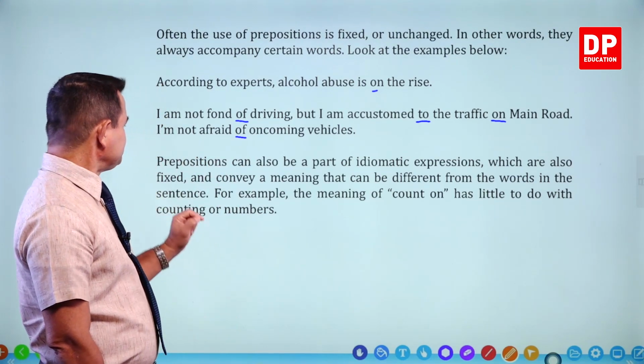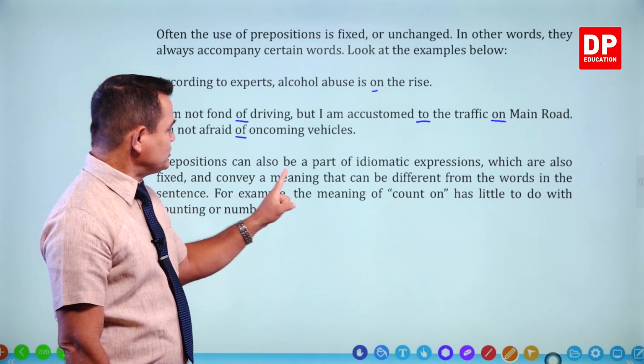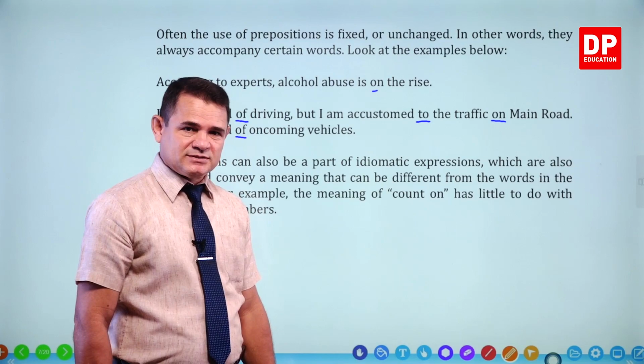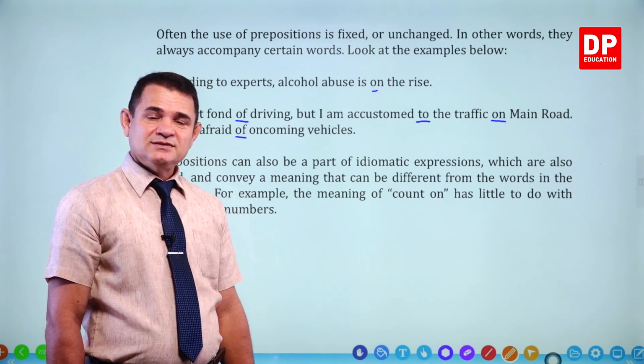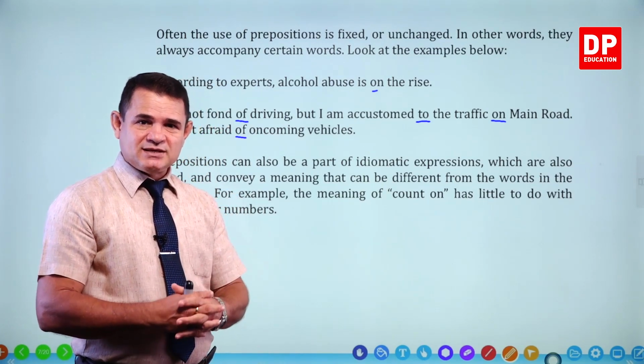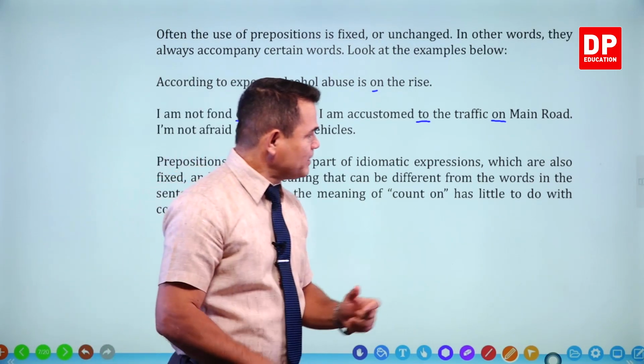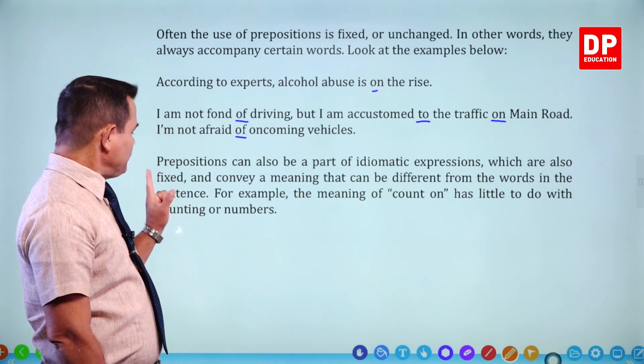And the next one. Prepositions can also be a part of idiomatic expressions. Idioms. Idioms කියලා ඉගෙනගෙන තියෙනවානේ. ඒ වගේ ප්‍රකාශන expressions වල අපි බලමු which are also fixed.